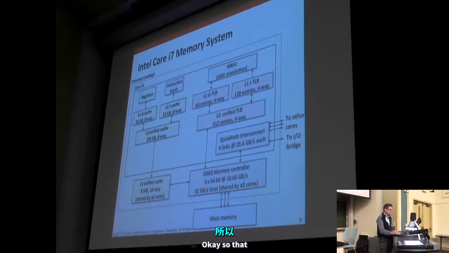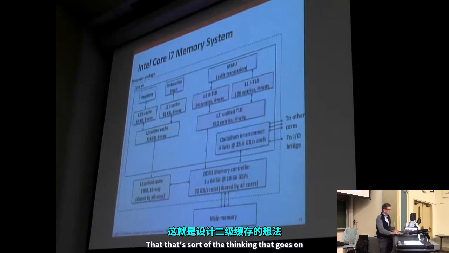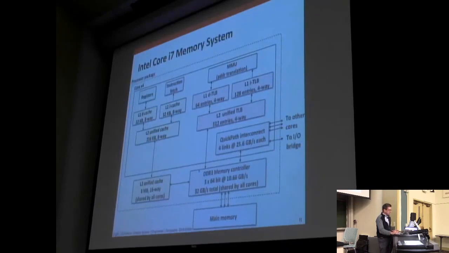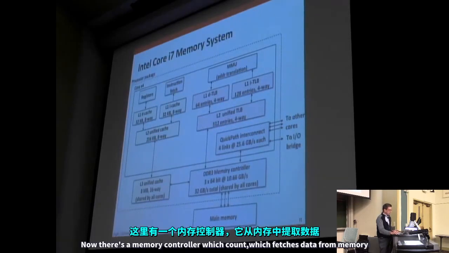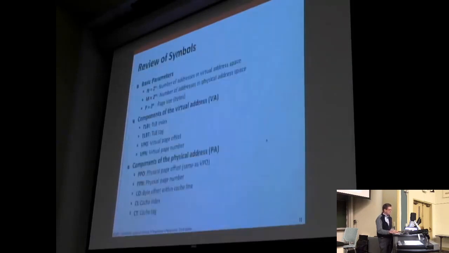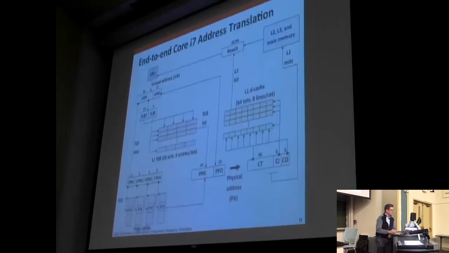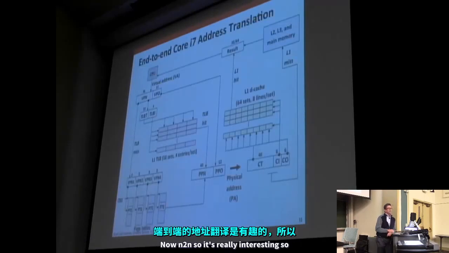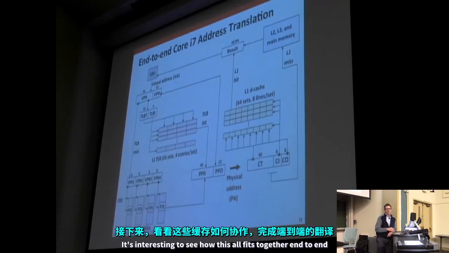Okay, so that's sort of the thinking that goes on. Now there's a memory controller which fetches data from memory, and then there's links to other cores and to the I/O bridge. Now end to end, it's interesting to see how this all fits together.